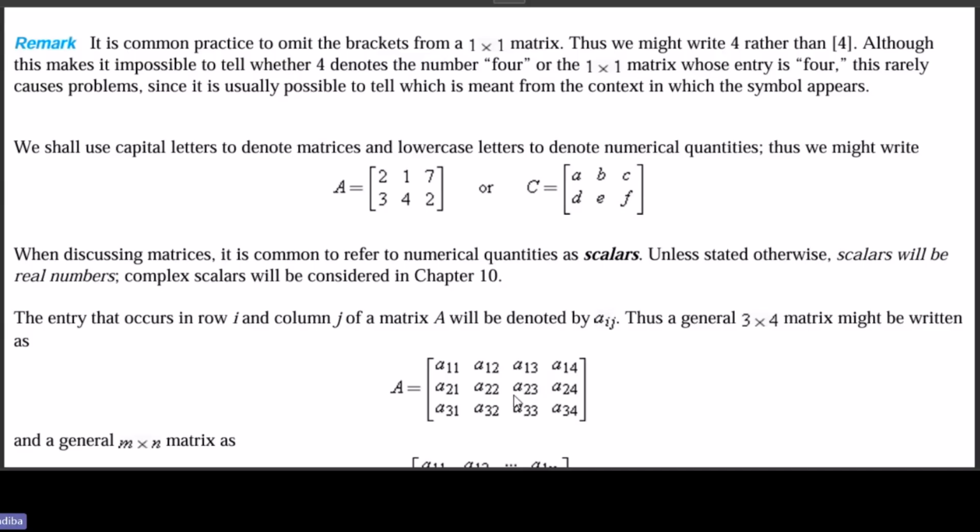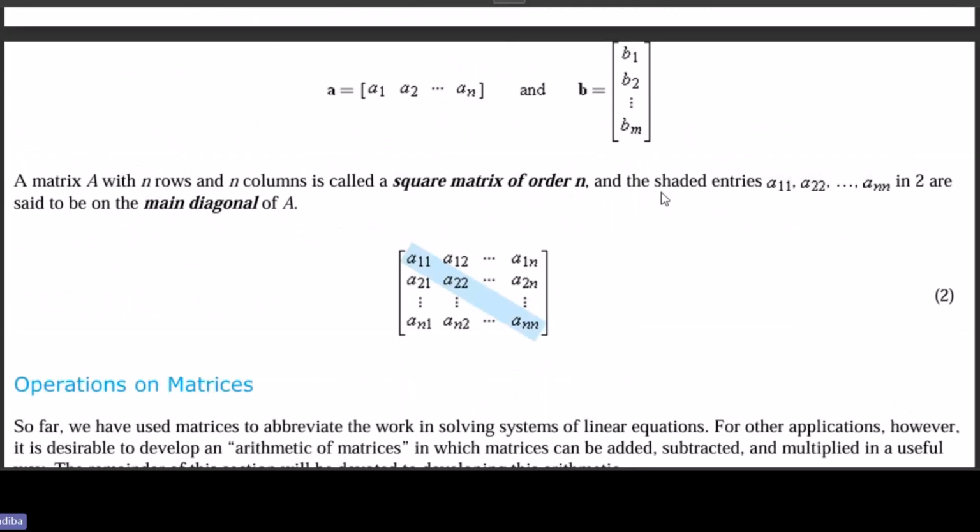We start with rows, then followed by columns. What about this one? What is the size of this matrix? It's 2 by 3. 2 by 3 matrix. Thank you. Now let me go back to where we were.